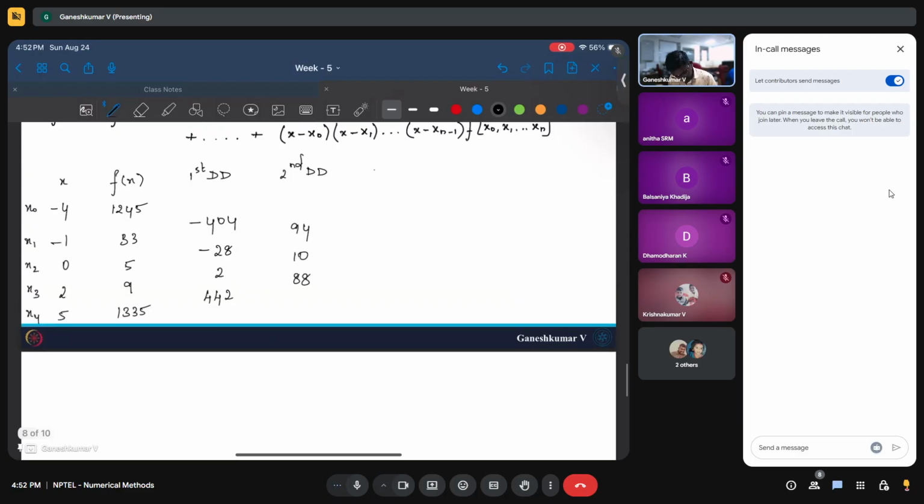Okay, now the third difference is going to be this minus this divided by this minus this. Okay, so you can see how it is going.